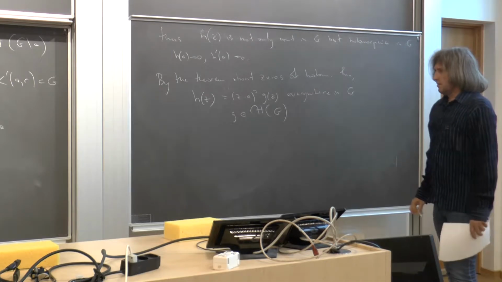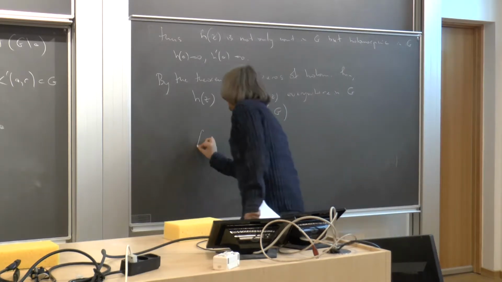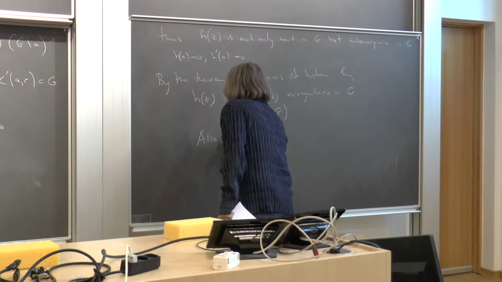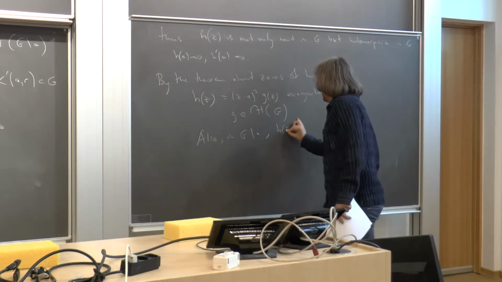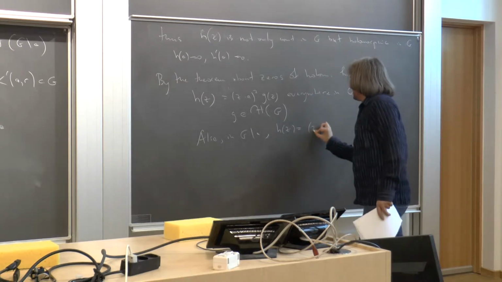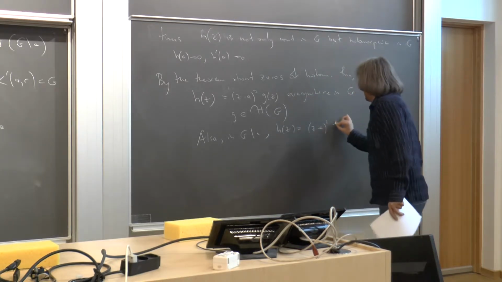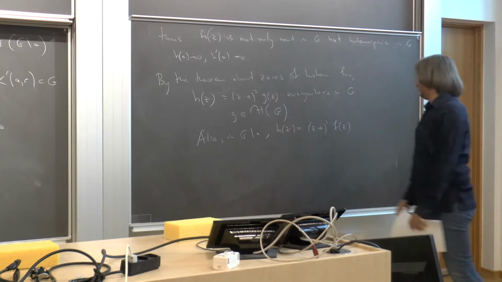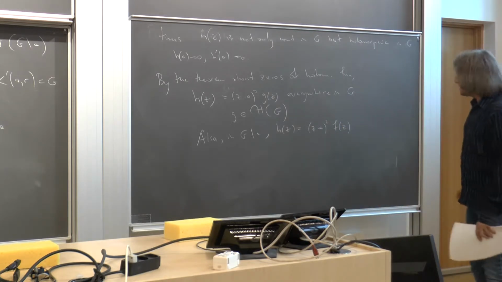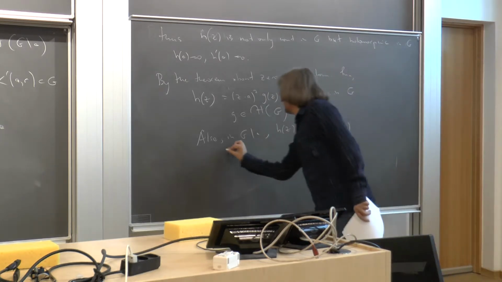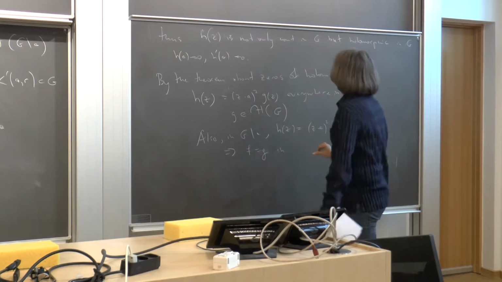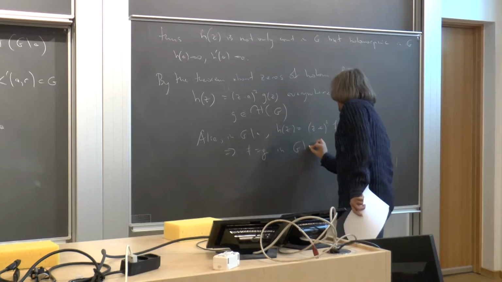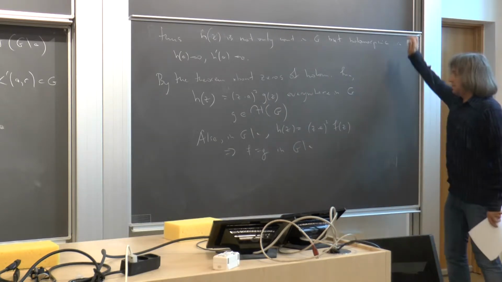But also in G without a, h of z is (z minus a) squared times f of z. But this means that f equals g in G minus a.